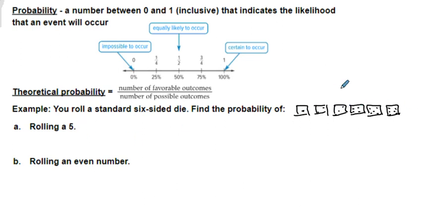And rolling a 5, well, there's 6 possibilities, so that would be your number of possible outcomes. The favorable outcome is the one you want. So you want to roll a 5, so there's only one possibility of that.